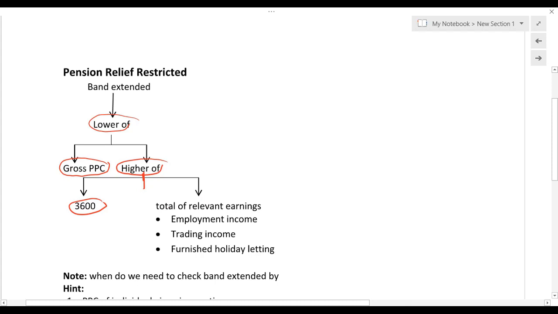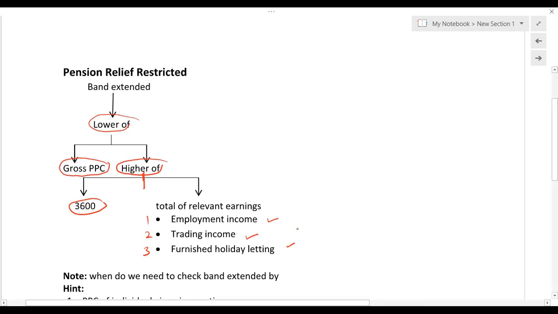And another point is total of relevant earnings. There are three relevant earnings: one, two, three. Employment income, trading income, and income from furnished holiday letting. If you try to recall, when we were discussing furnished holiday letting, one of the advantages was that income from furnished holiday letting is a relevant earning for pension.